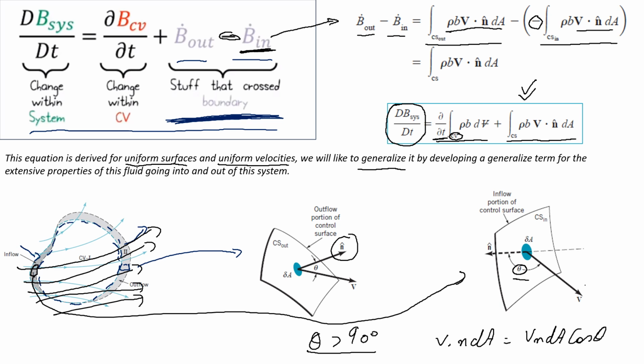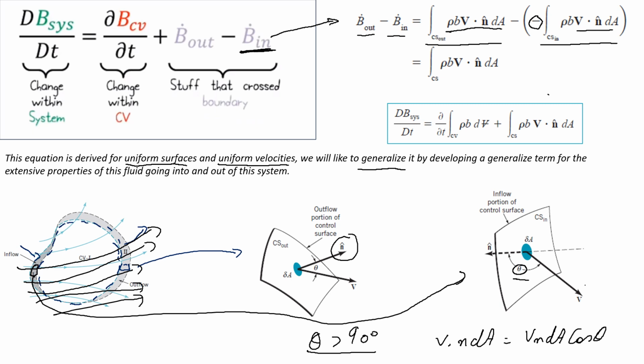Now you can see I've simply replaced this term in this equation by this. So this is our more generalized form of Reynolds transport theorem, and here we have just simplified our flow going in and out of the system by using the dot product.